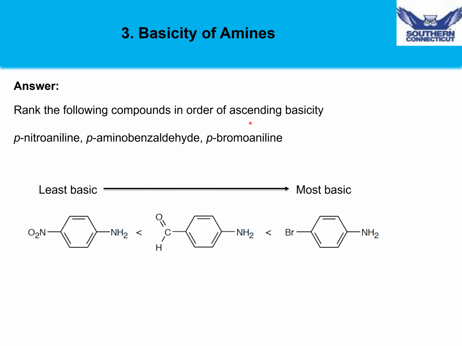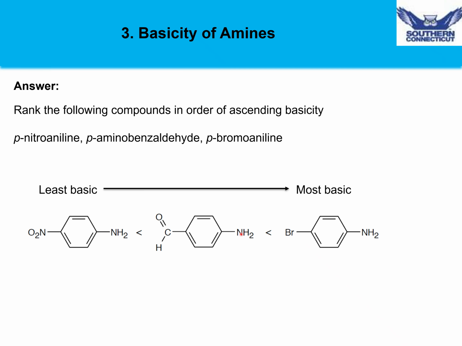Generally, electron withdrawing groups will make an amine, including anilines, less basic. So for example, this para-substituted nitro compound will have a very strong electron withdrawing group that makes this nitrogen a very poor base, since it is very electron poor. The next example, with the aldehyde, has a moderate electron withdrawing group.